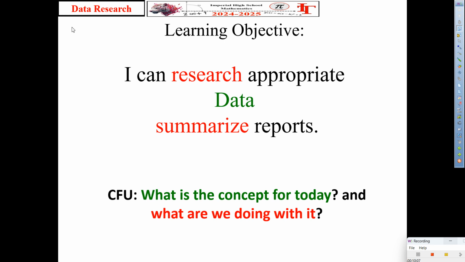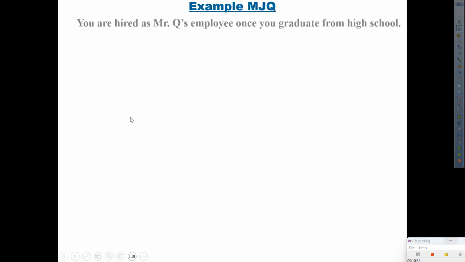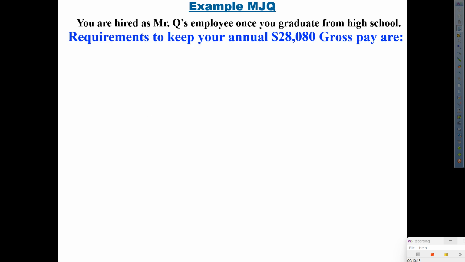So last week, I gave you guys a task to do with $28,080 a year gross pay. Is that correct? All right. And then you did the whole task. I'll show you the rest of the task. However, before I showed you the rest of the task, I sent a question to your screen.